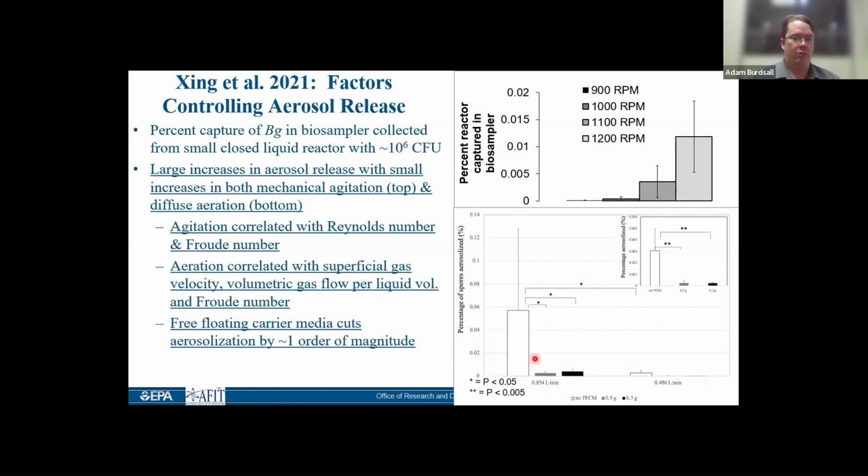There was no correlation with Reynolds number at all, and there was only some correlation with the calculated Froude number. It was also found through the course of the investigation that the addition of free-floating carrier media in the form of styrofoam beads was able to cut down the amount of capture from the organisms by about 90%, or at least one order of magnitude.